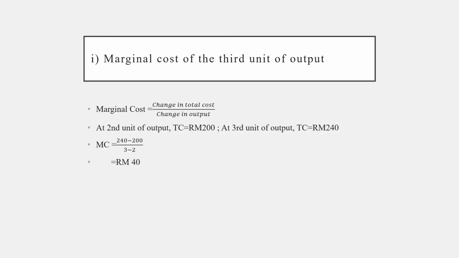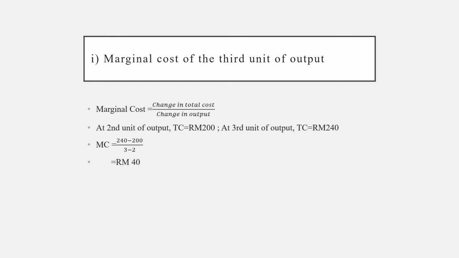Number 1. Marginal cost of the third unit of output. The formula of the marginal cost is change in total cost divided by change in output. Based on the information given, the total cost of the second unit of output is 200 ringgit, and the total cost of third unit of output is 240 ringgit.